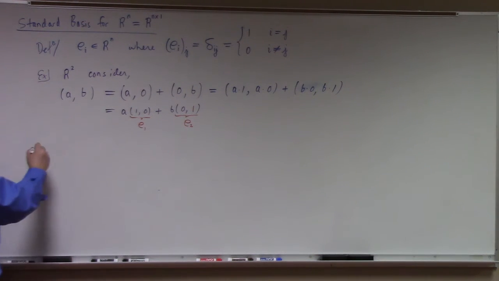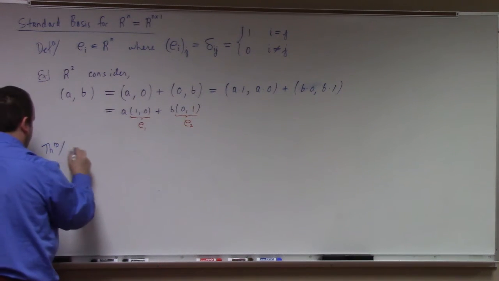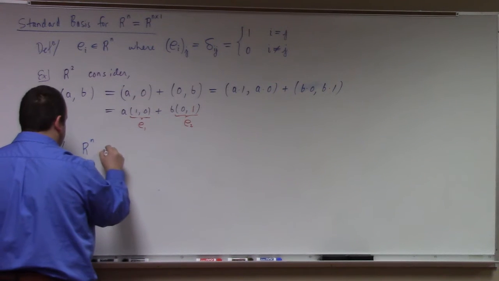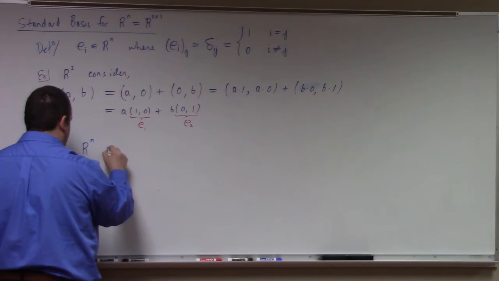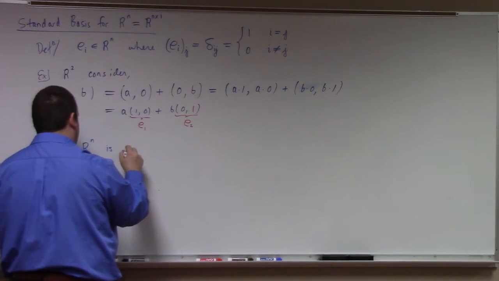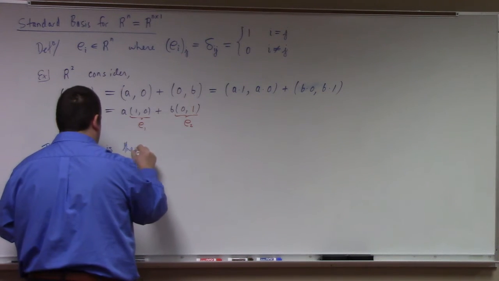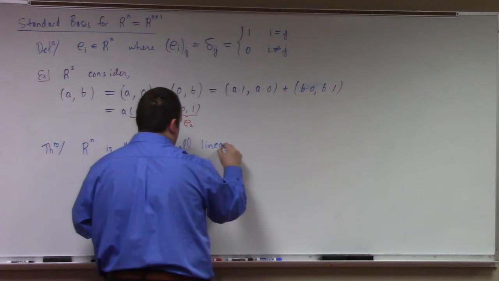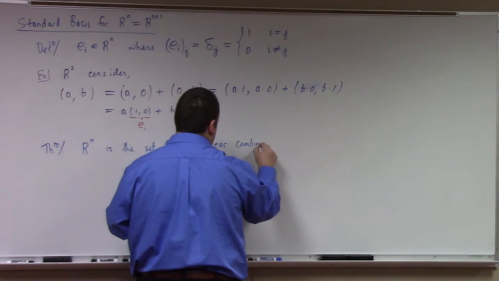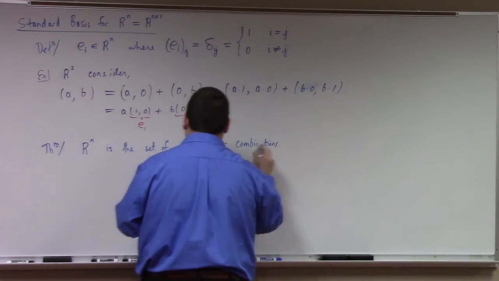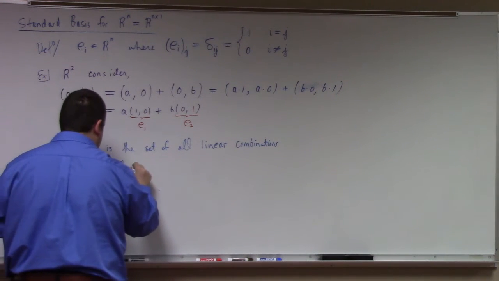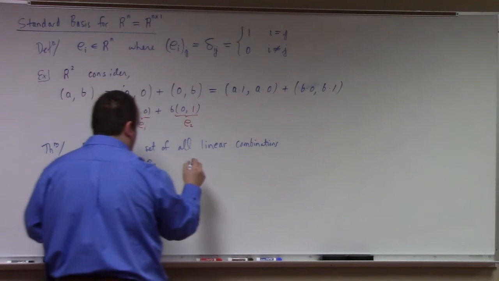And there's a theorem that says that Rn is the set of all linear combinations of E1, E2, through En.